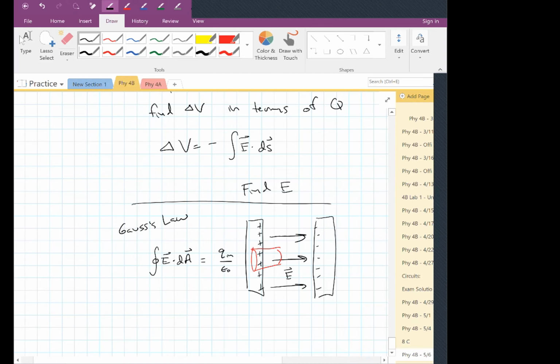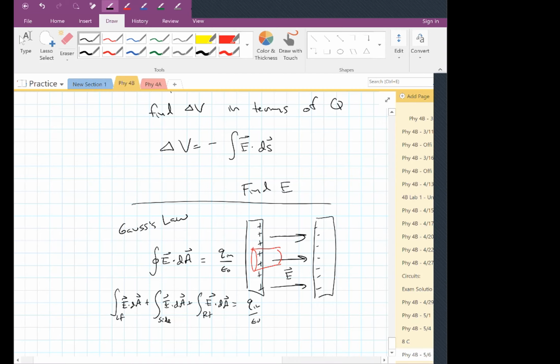And what do we end up with? We end up with the integral over the left side of our Gaussian plus the integral over the curved side of our cylinder, plus the integral over the right face of our cylinder has to equal Q inside over epsilon naught.